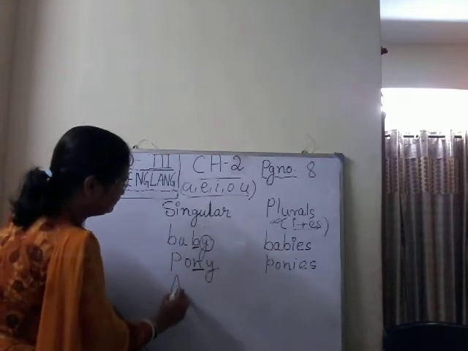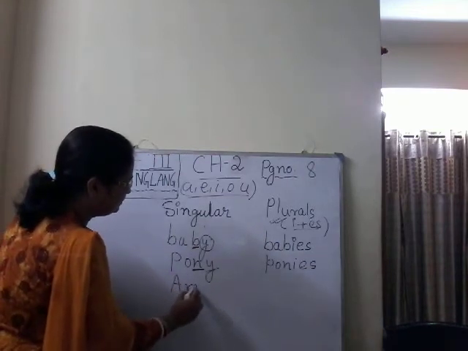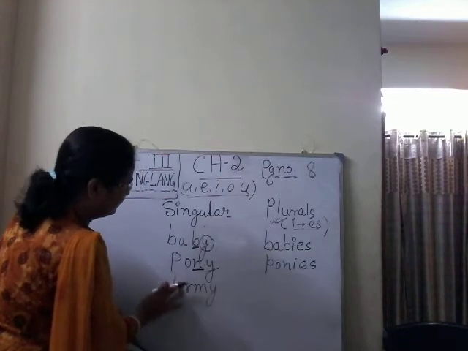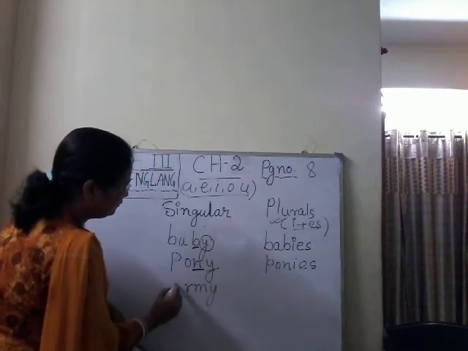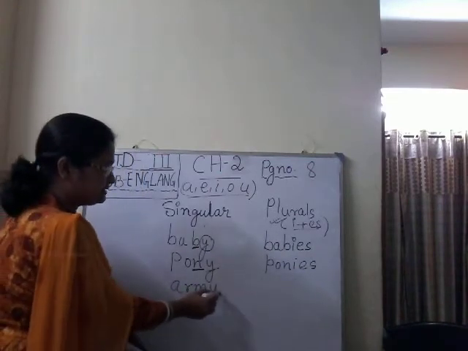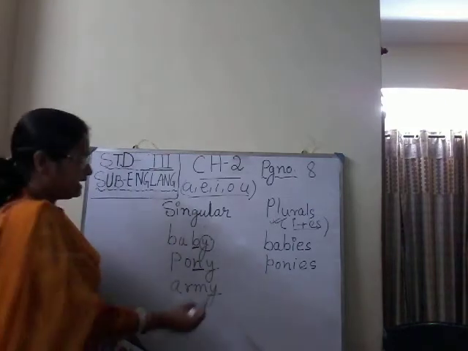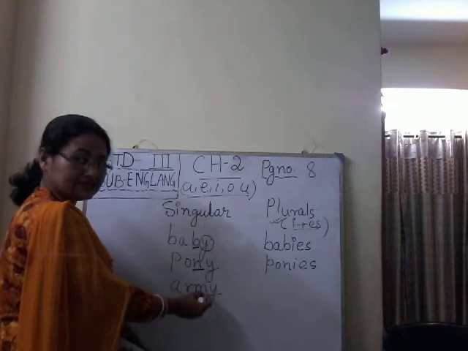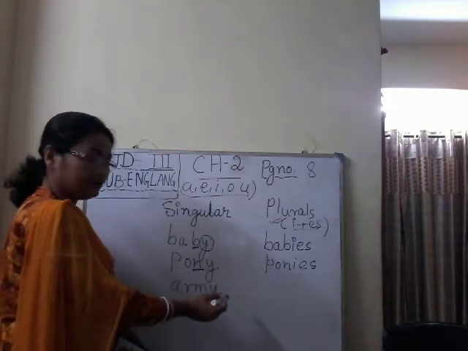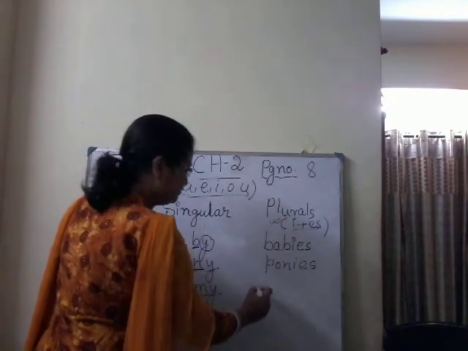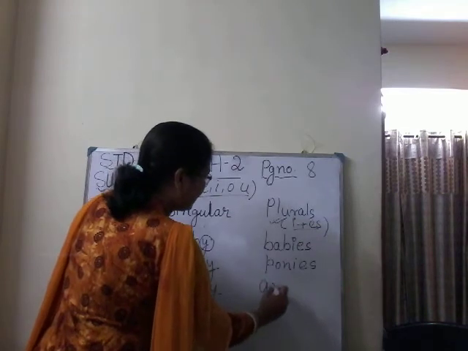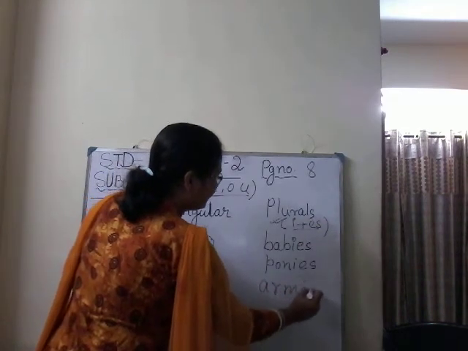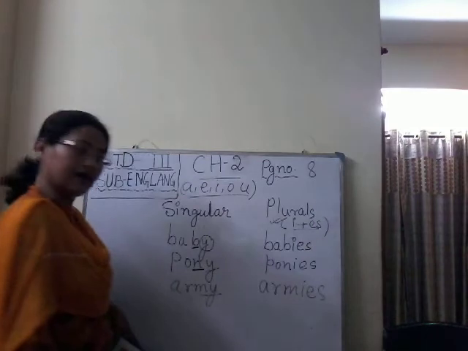Shall I give you one more example? See, army. A-R-M-Y. Army. Okay. Now you see it ends with Y and the letter just before Y is M, which is a consonant. So which formula will we follow? This one. So A-R-M-I-E-S, armies.